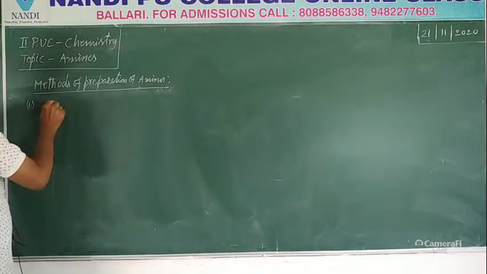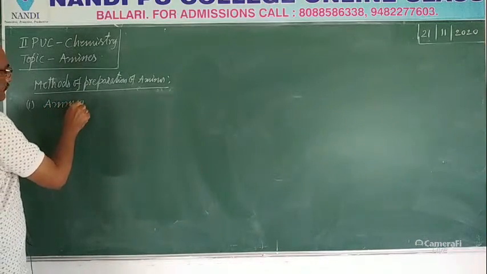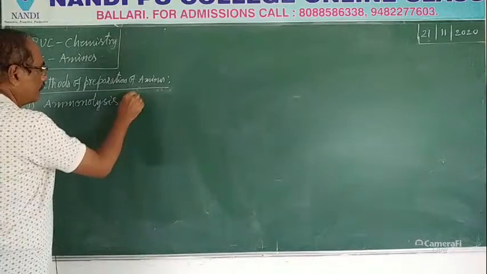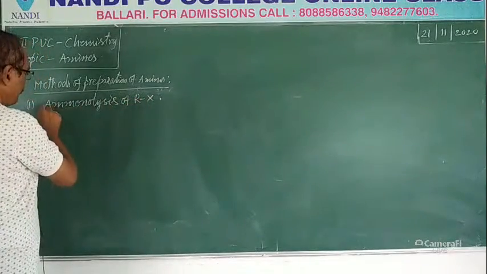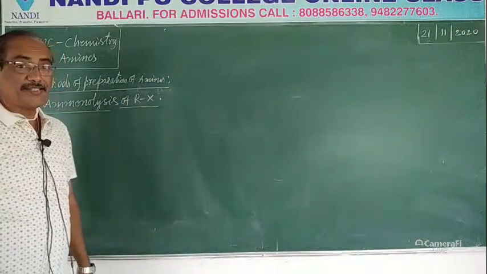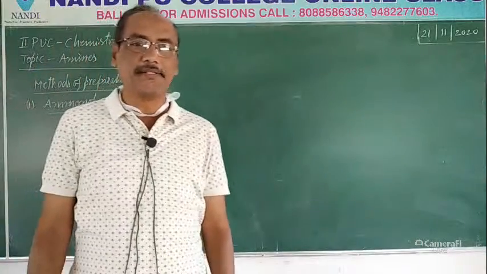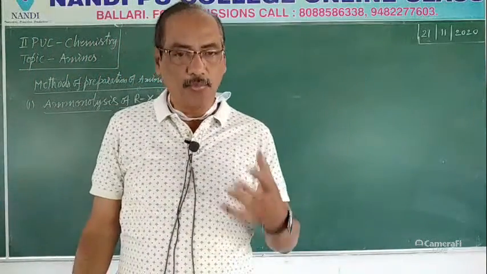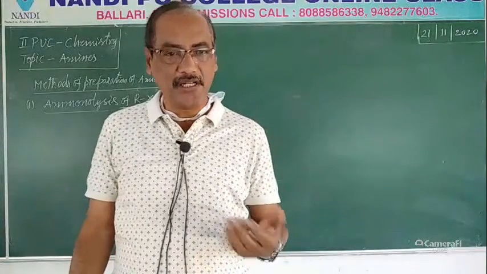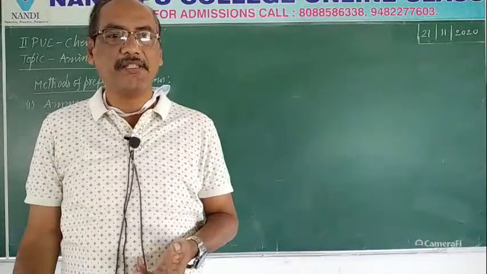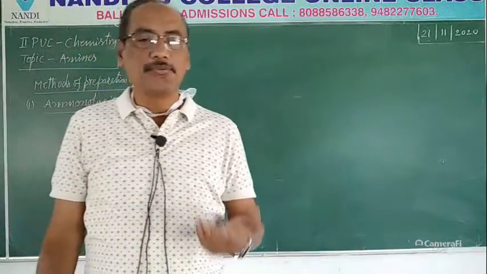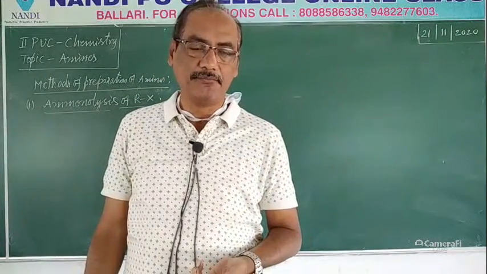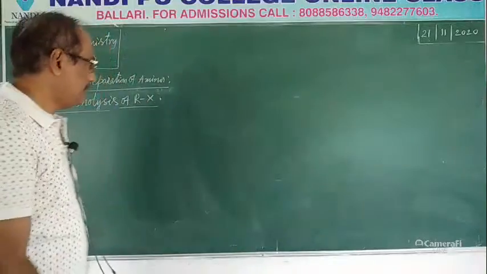First one is the ammonolysis method: ammonolysis of alkyl halides. So what is ammonolysis? Here ammonia is treated with alkyl halides so that it gives substituted compounds, those are amines. Let us see the example.